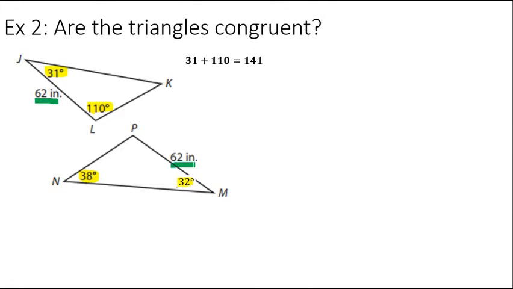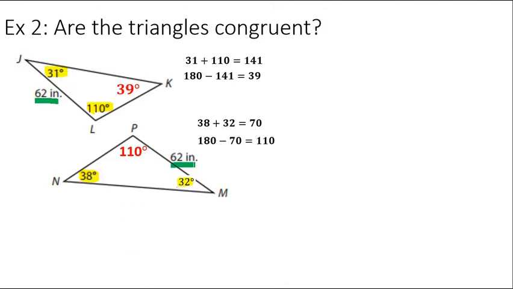So let's find angle K first. 31 plus 110 gives us 141. We subtract that from 180, 39. Okay, bottom triangle, angle P. 38 plus 32 gives us 70. Subtract that from 180, gives us 110.